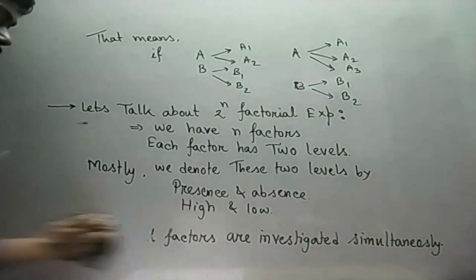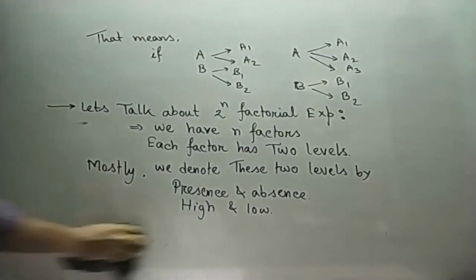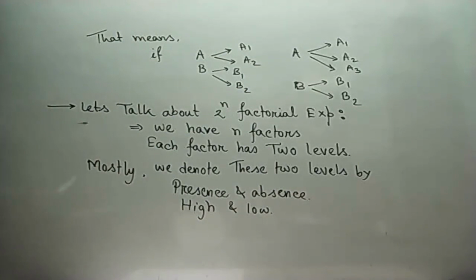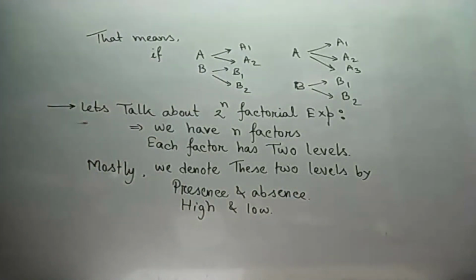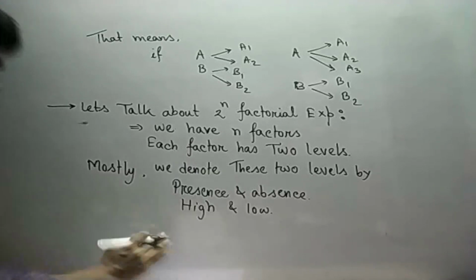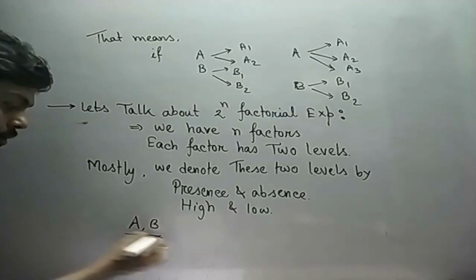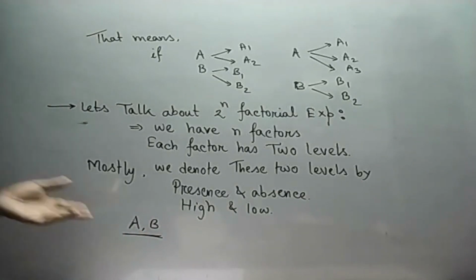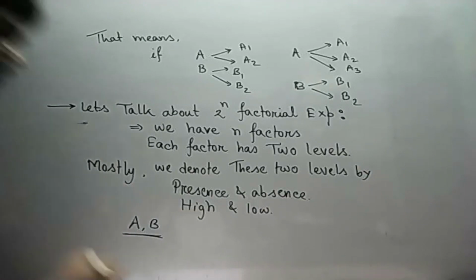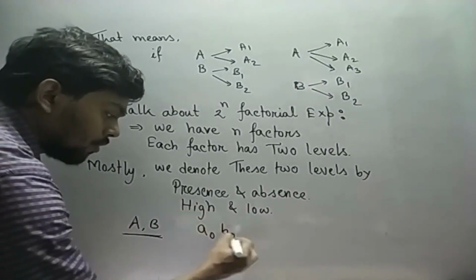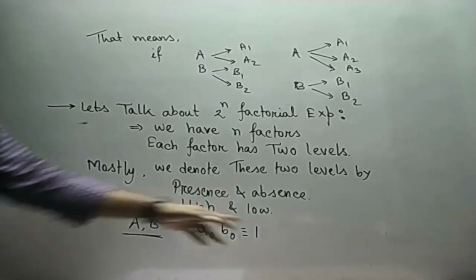So let's start with, let's say, the 2 square experiment. In a 2 square experiment we have two factors A and B, and then a naught b naught, which is similar to 1 and is basically denoted by 1.